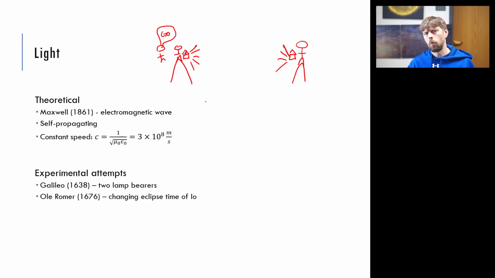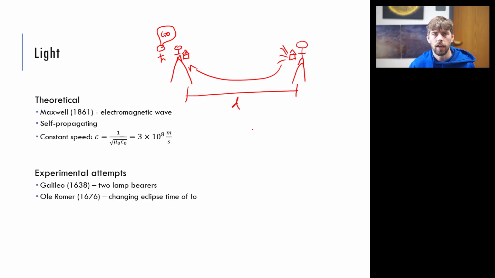I say stop his watch, but he counts the ticks of a pendulum clock, and determines how long it takes for the light from the second lamp to come back. Of course, they need to measure the distance. And so the idea is, if I can measure how long between the uncovering of the first lamp and the reception of light from the second lamp, then I can simply find the speed of light.